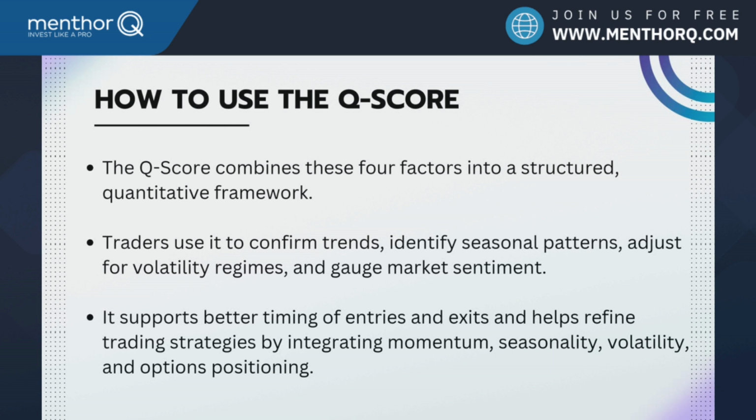You can use it to confirm trends, identify seasonal patterns, or adjust your strategy based on volatility regimes, and so on. So if you are, for example, a futures trader and you have a very, very tight stop loss, and you see that the volatility score on NQ or ES is getting higher, then maybe you also want to adjust your risk management, because you might be chopped out very fast given that the volatility is increasing.